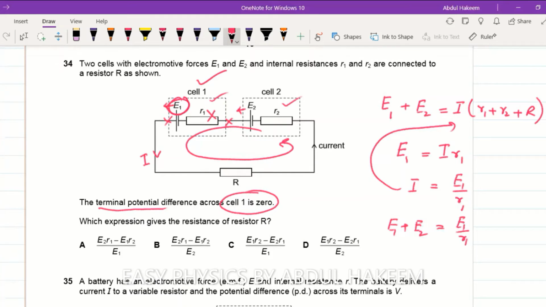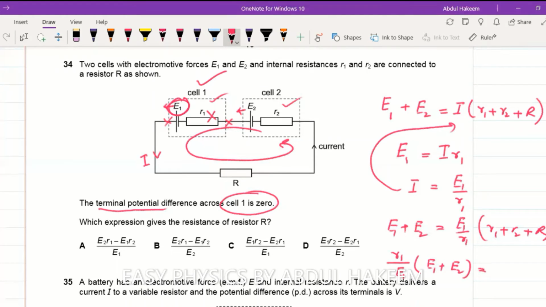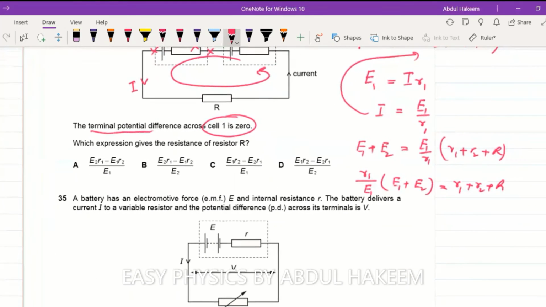then it is E1 plus E2 equals E1 over R1 for the current, times R1 plus R2 internal resistance plus capital R external. Now it can be written as R1 over E1 times E1 plus E2 is equal to R1 plus R2 plus capital R. Now simplify this.